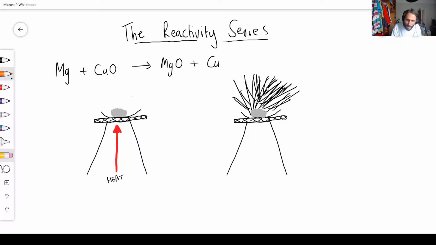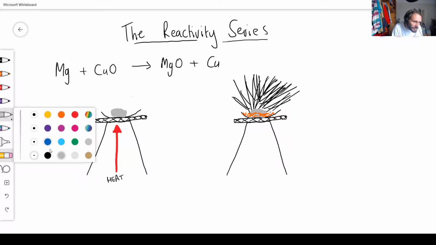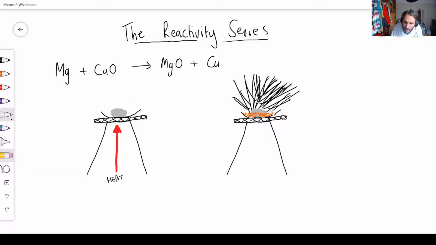So what you'll start to see at the bottom of this crucible is a whole bunch of copper solid, and magnesium oxide, like we've learned in previous modules, is this gray solid, like a gray powder.